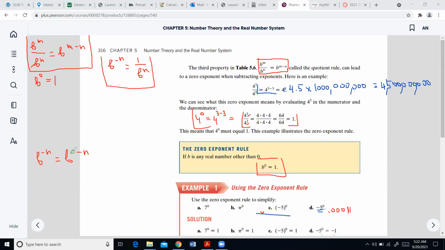Because that 0 really means nothing. But once again, using the property in the upper left corner, I can write this as b to the power of 0 divided by b to the power of n, right? And then I'm going to use the fact we just considered. So instead of b to the power of 0, I can put 1 on the top and have b to the power of n on the bottom. So notice I started with a negative power and I ended up flipping it.